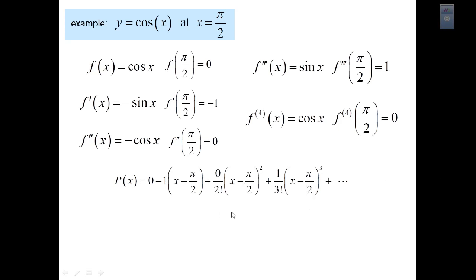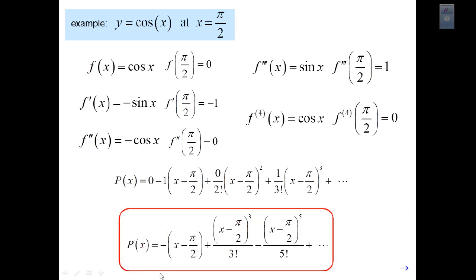Everywhere we've got a 0, here and here over the 2 factorial, it's going to take those terms out. So our polynomial approximation is negative (x minus pi over 2) plus (x minus pi over 2) cubed over 3 factorial, minus (x minus pi over 2) to the 5th power over 5 factorial, and that continues on.